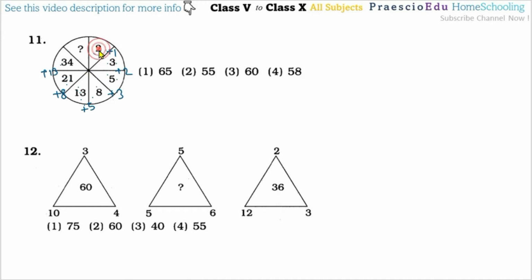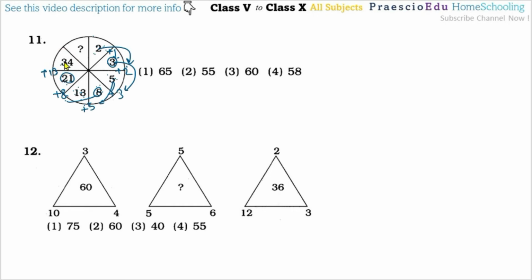So means 2 and then previously 1, so 2 plus previously 1 we added, then we are getting the 3, so 3 and then previously 2 is there, so that 2 if we add, then we are getting this 5, so 5 and then previously 3, so 5 plus 3 is 8. Likewise 5 and then 8, so 5 plus 8, 13 comes. Likewise 8 comes here, so 13 plus previously 8, so 21 comes, so 21 plus previously number 13, so that is a 34.